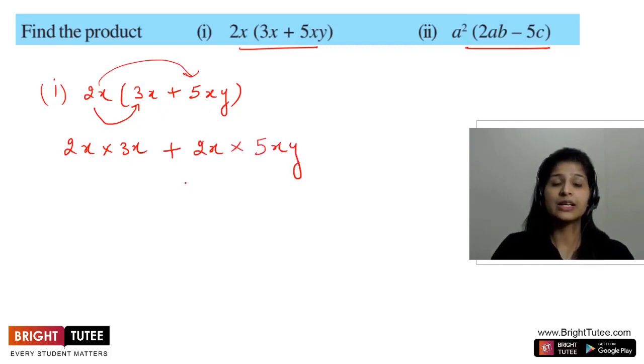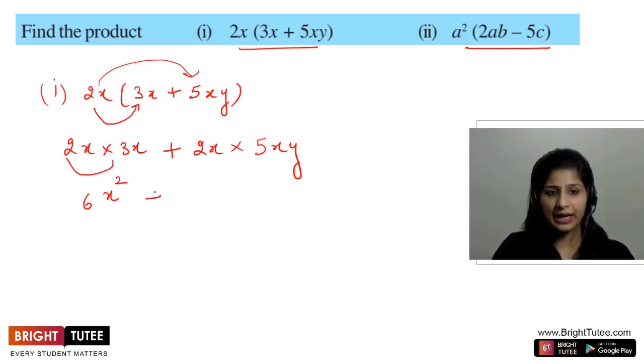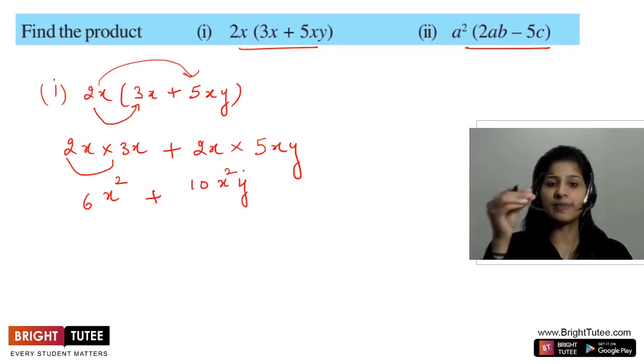We are using the distributive property of multiplication over addition. 2 into 3 gives us 6, x into x gives us x square, plus 2 into 5 is 10, x into x is x square, and into y. So this is what we are getting. When we multiply a monomial with a binomial, the answer is also a binomial.